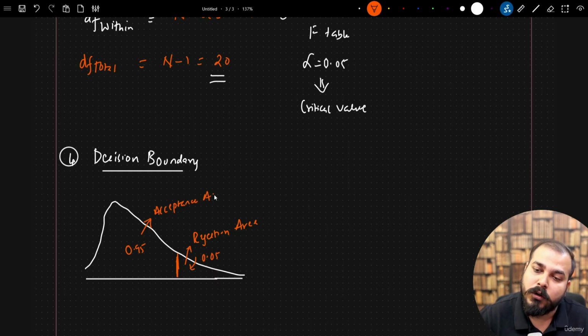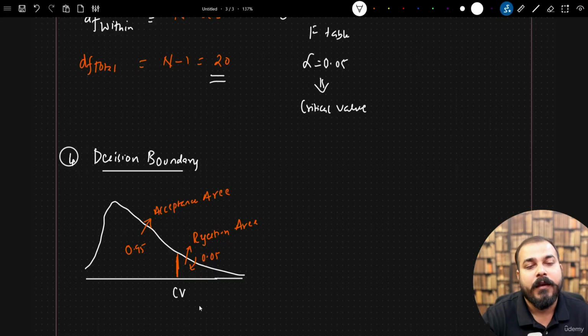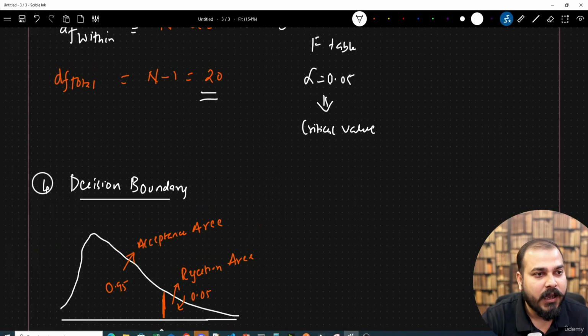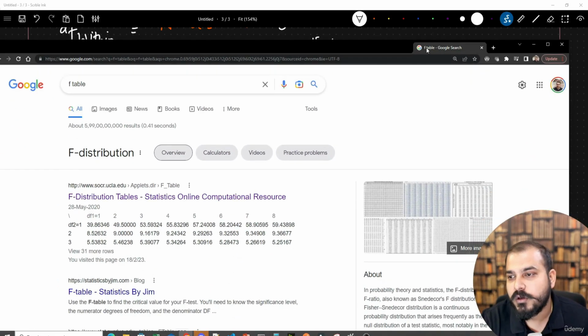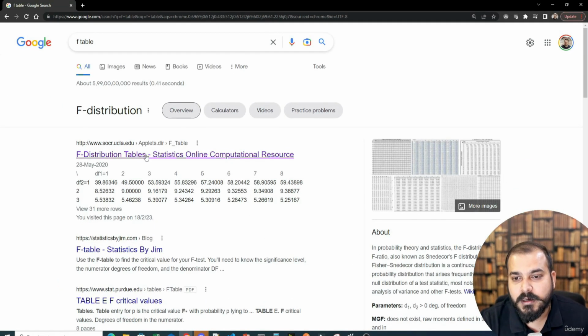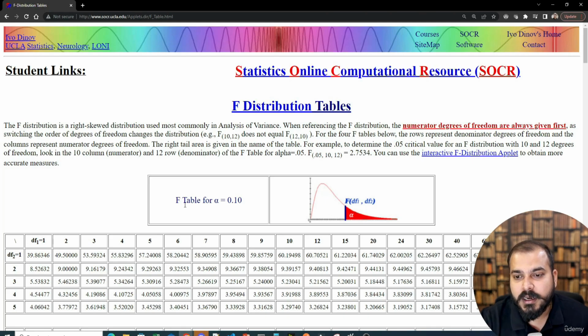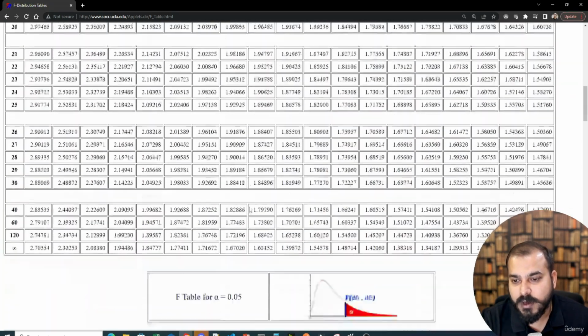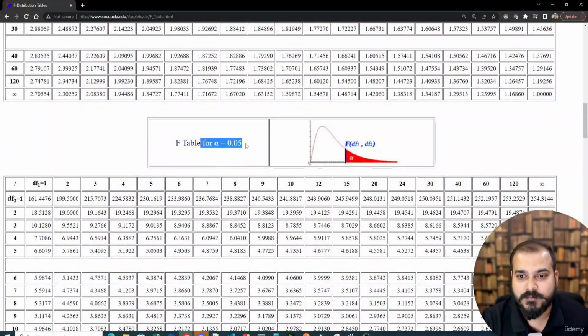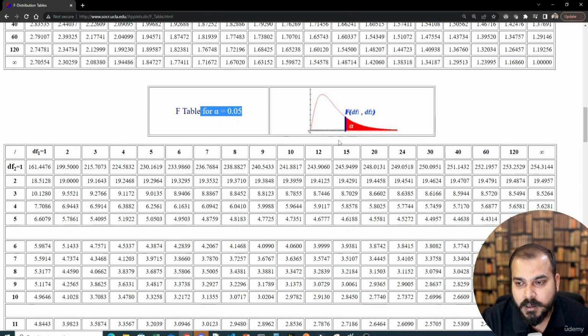Now based on this particular F table, I need to calculate what this critical value is. So I'm going to quickly minimize this and open my F table. Just go and search for F table in Google. I know you are not able to see it because I've not shown you yet. So here you go. In F table, you can click this. Now in F table, you have 0.10, and alpha is 0.05, so I will consider this. See, this type of distribution is a right skewed distribution.